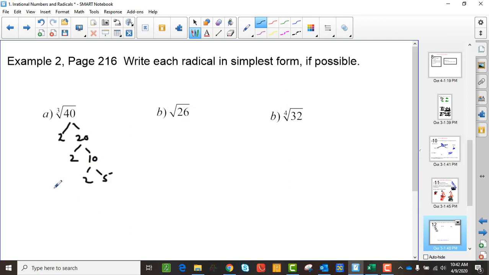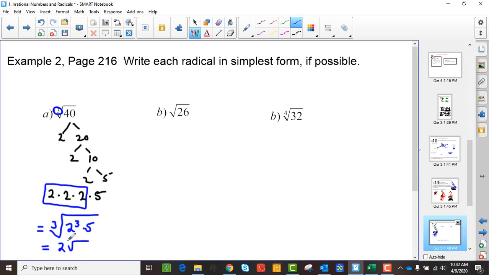So my prime factorization of 40 is 2 times 2 times 2 times 5. And then I look for a group of 3 because the index here is 3. So I try to group them, and I can, one group of 3 there. So I'm going to rewrite the cube root of 40 as the cube root of 2 cubed times 5. And then that becomes 2 cube root of 5.